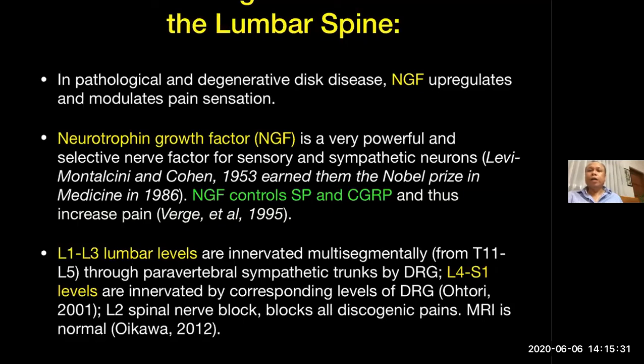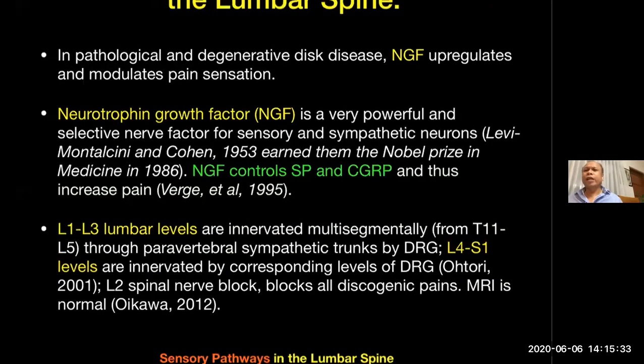Now, to understand the nerve growth factor from the sense of the dorsal root ganglion, we also have to understand that the sympathetic trunk will innervate multi-level areas in the spine. For instance, L1 to L3 would be actually covered by T11 to L5.